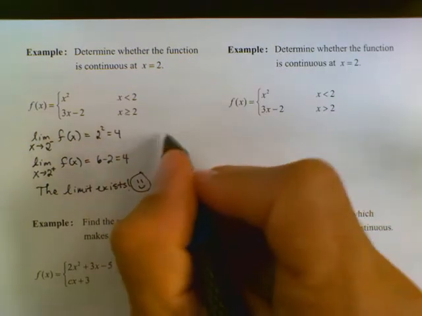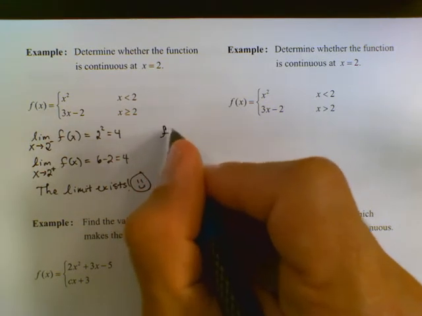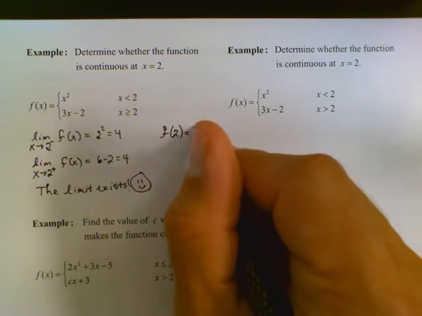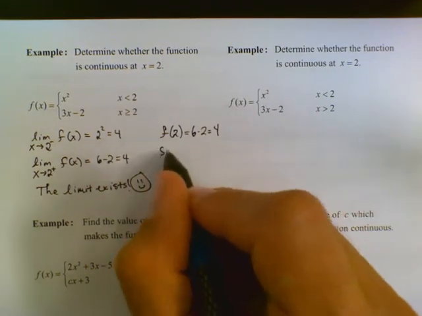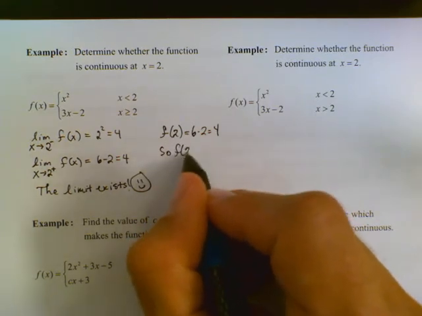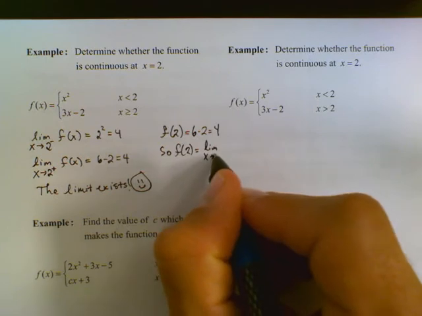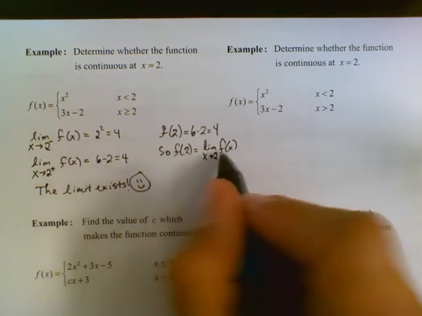So now what we have to do is say that we're going to check f of 2, and if we substitute in 2, then that gives me 6 minus 2, or 4. So f of 2 equals the limit value as x approaches 2 of f of x, because that limit value was 4. Those are both 4s.